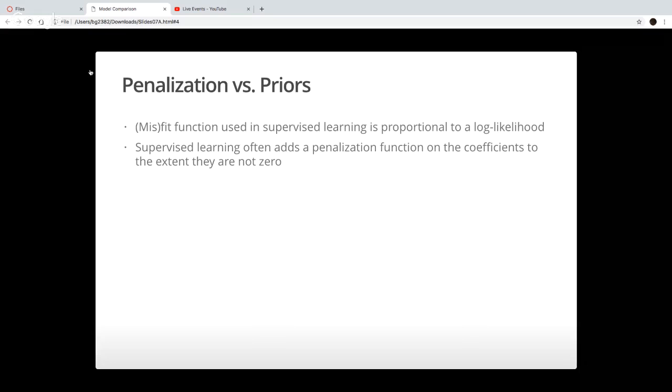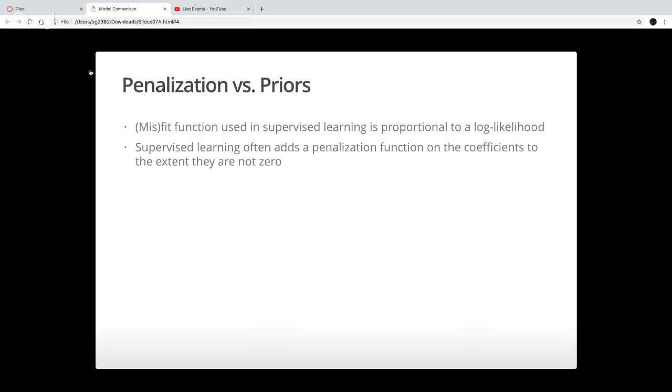But what is an essential difference is that the supervised learning people will often add a penalization term on the coefficients of a model to the extent that they are different from 0. And the actual function they're minimizing is the sum of the misfit function and the penalization function.